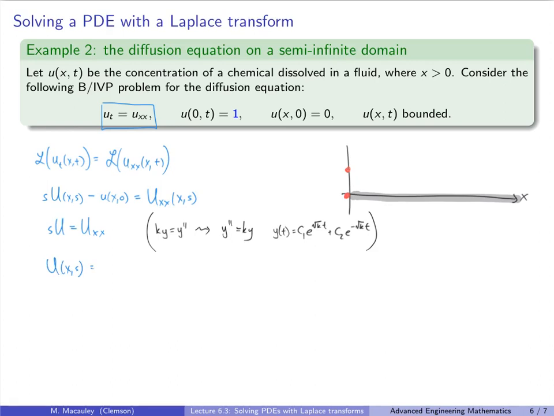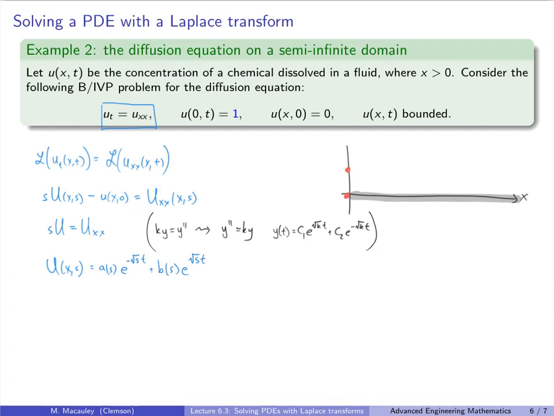So instead of c1 I'm going to write a of s, because instead of a constant c1, this could be a function of s. So a of s times e to the minus root s times t plus b of s times e to the positive root s t.